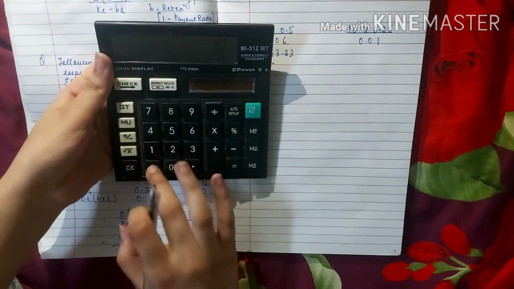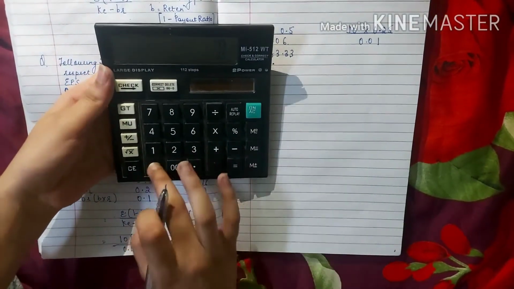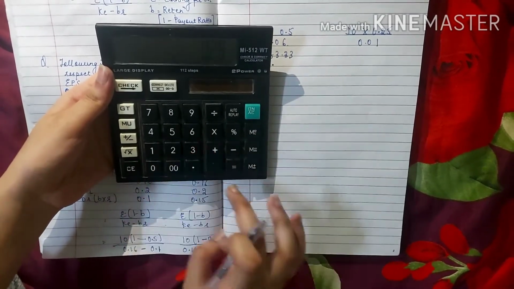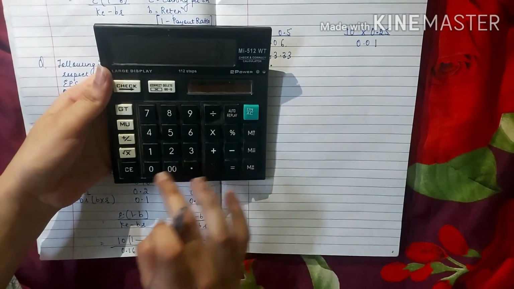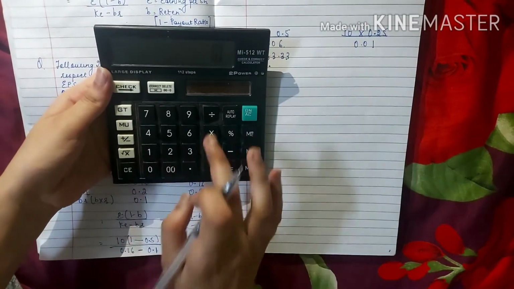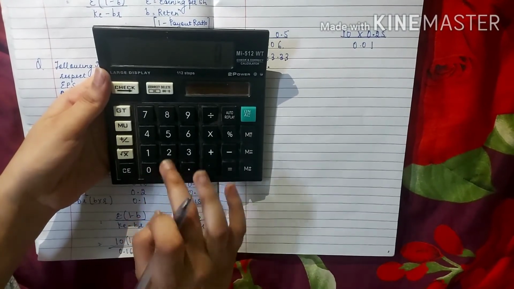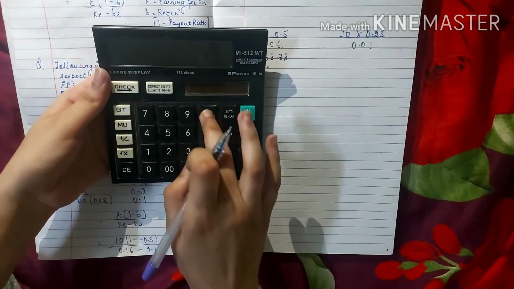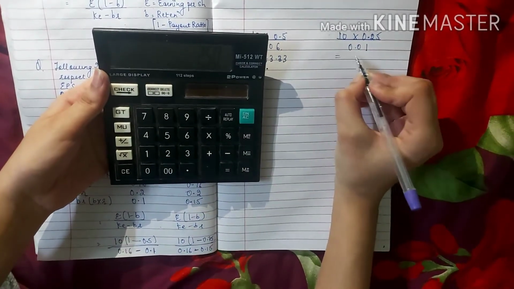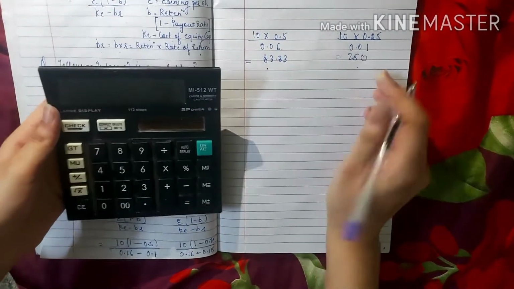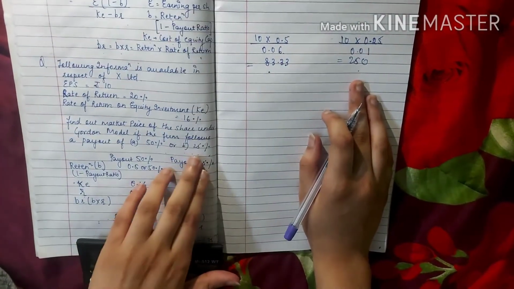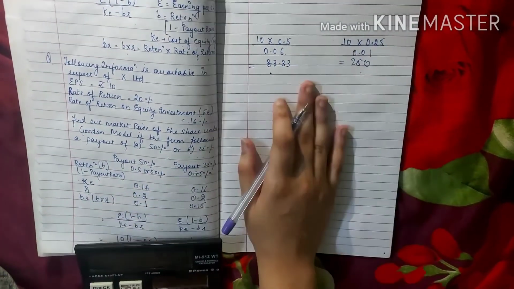Now calculate the values. 10 into 0.25 divided by 0.01, 250. So this is the value of the shares when the payout ratio is 25%. So here your question is complete.